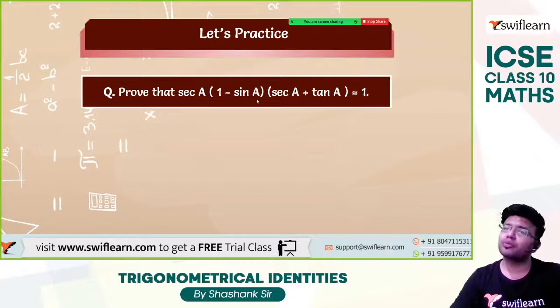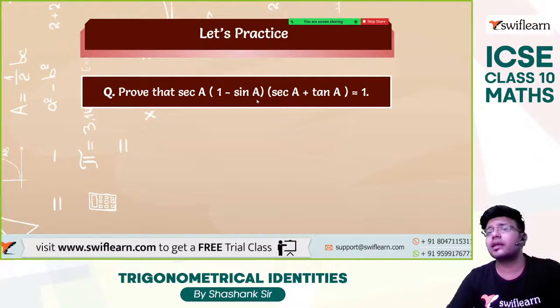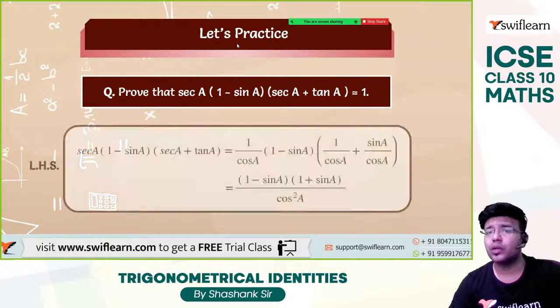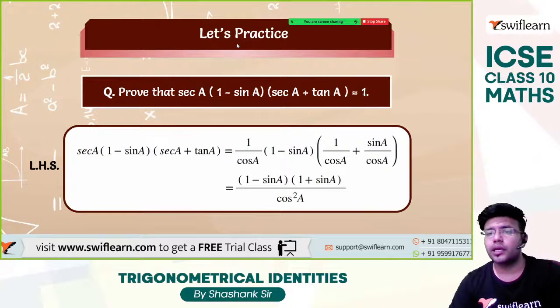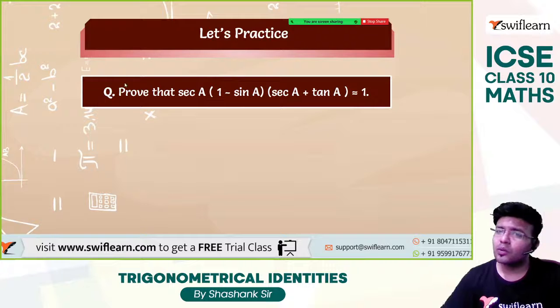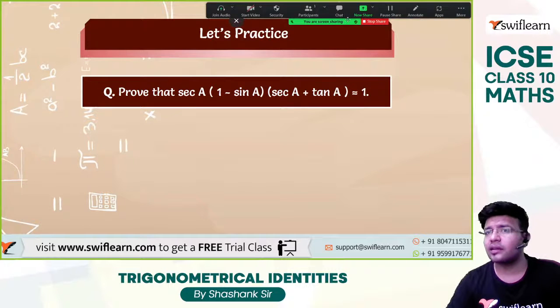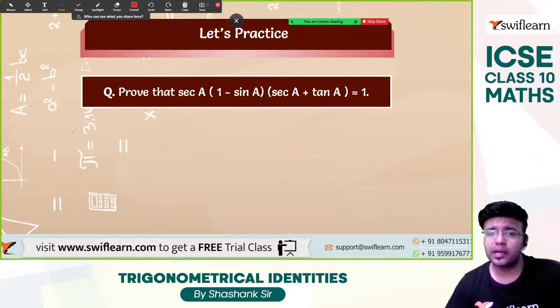Okay, let us solve this problem. What have they asked? Prove that sec A into 1 minus sine A into sec A plus tan A is equal to 1. Now see this. Wherever sec is there, tan is there, convert into sine and cos.